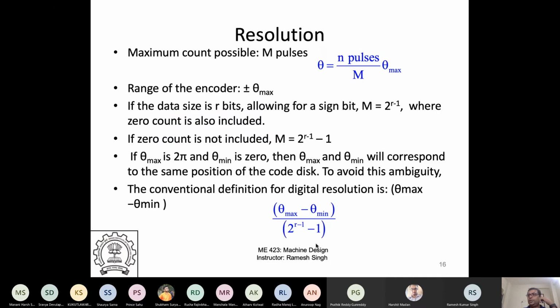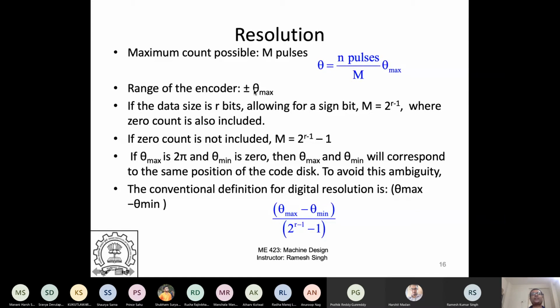Right. So the next is something called maximum count possible. With n pulses and theta max, the maximum count is a function of theta: theta max minus theta, divided by the number of pulses, is what gives m.